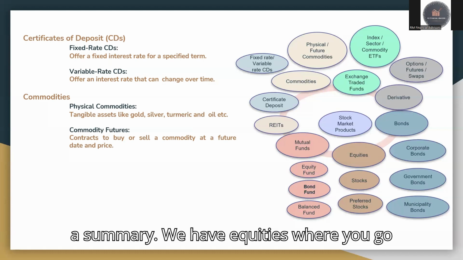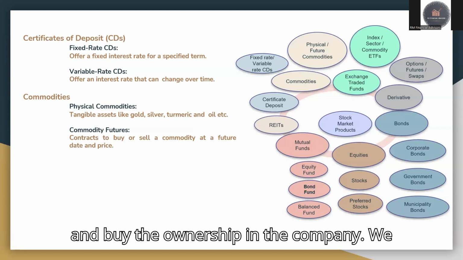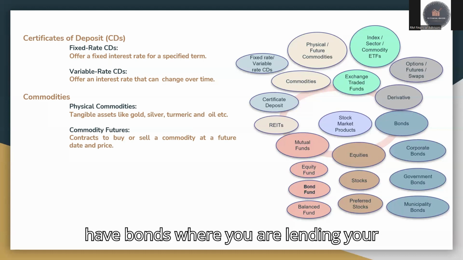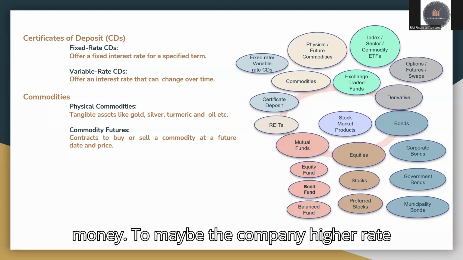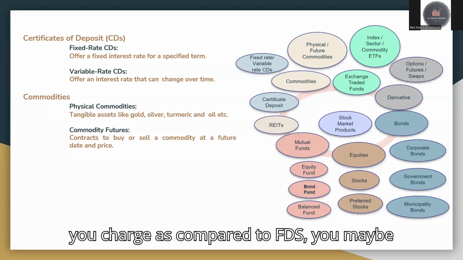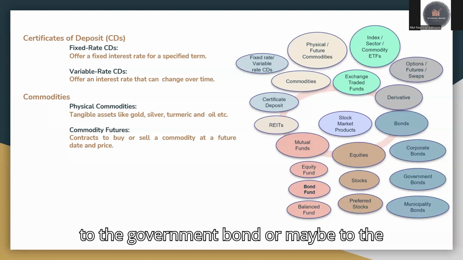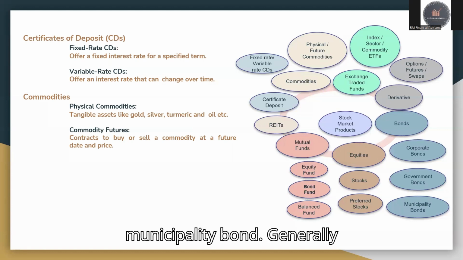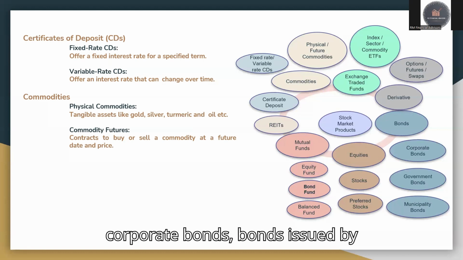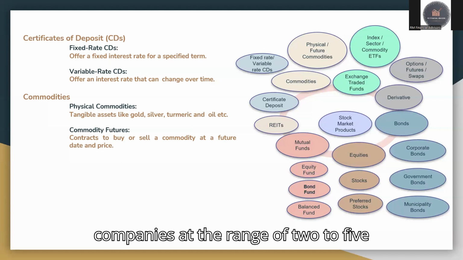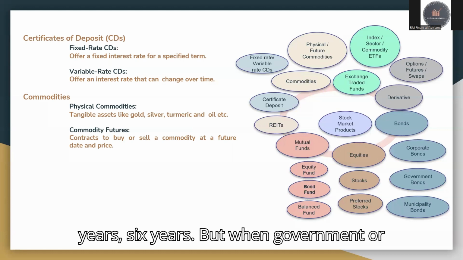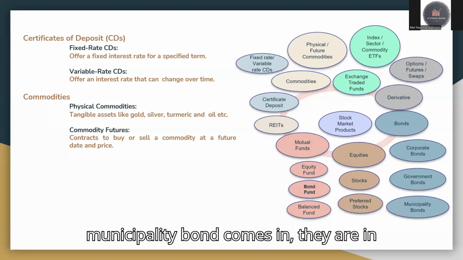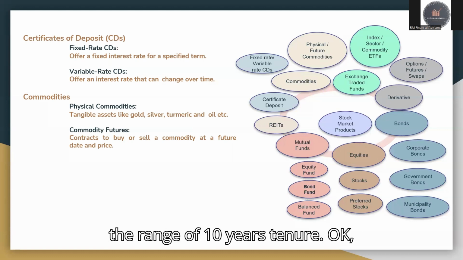We have equities where you go and buy ownership in the company. We have bonds where you are lending your money to maybe the company, at a higher rate than you would charge compared to FDs, or maybe to a government bond or a municipality bond. Generally, corporate bonds issued by companies are in the range of 2 to 5, 6 years. But when government or municipality bonds come in, they are in the range of 10 years tenure.